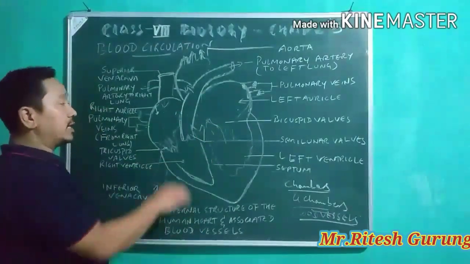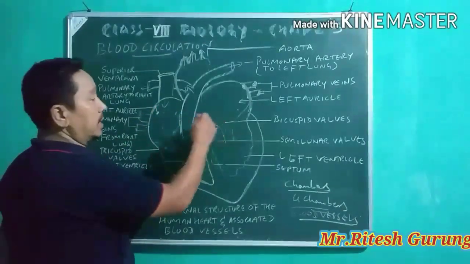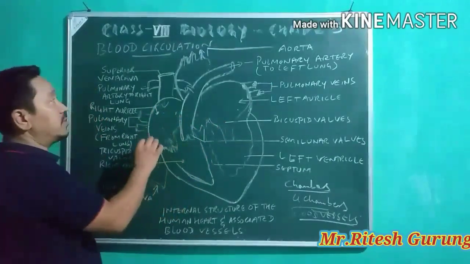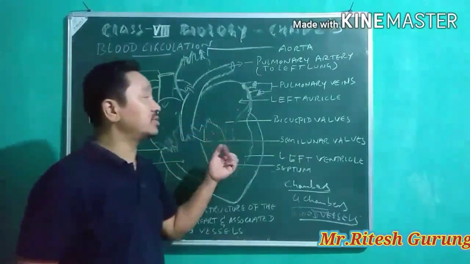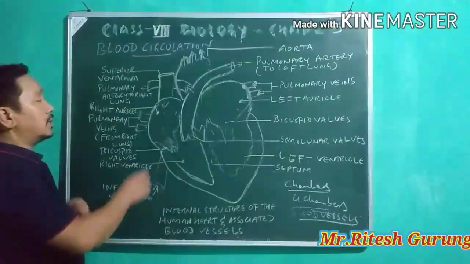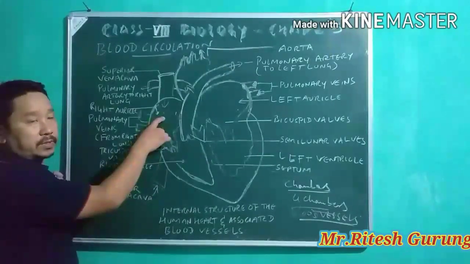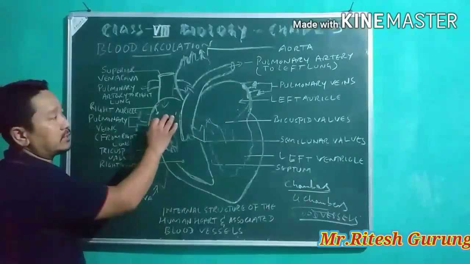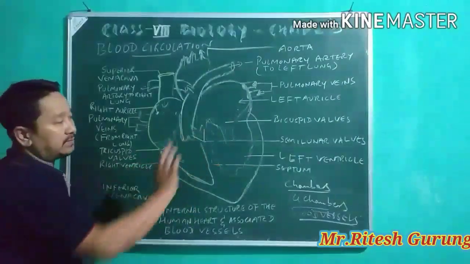I have already told you that this entire right side is responsible for dealing with the impure blood, and this left side is the one which deals with the pure blood. Now see, I have already told you the 4 chambers: right auricle, right ventricle, left auricle, and left ventricle.